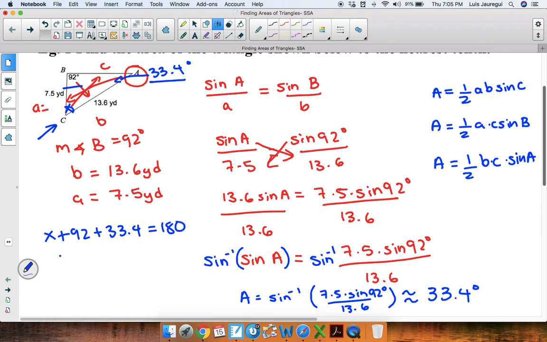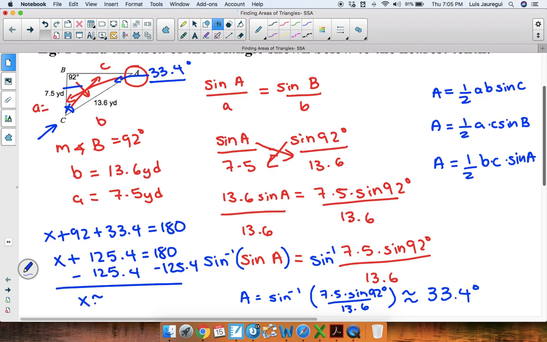So x plus 125.4 is equal to 180. After you subtract the 125.4 from both sides, we get that x is about, and I'm going to include about just because in this case the measure for angle A is an approximation.